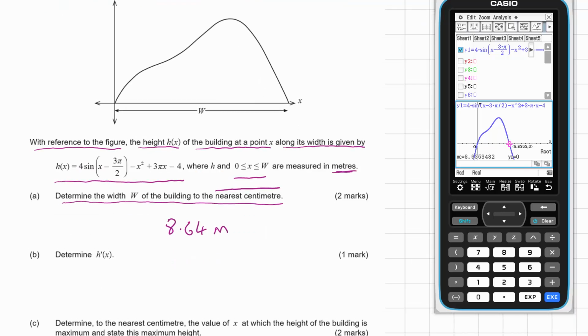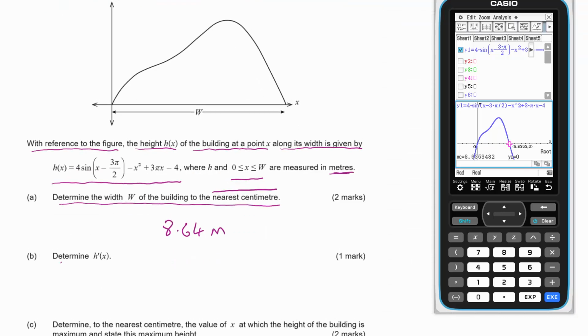So the next thing is to determine the differential of h. Now you can use the CAS obviously to do this, but this is easy enough to do without the CAS. So we know that sine differentiates to cos, and using the chain rule, the differential of the inside is just going to be 1.